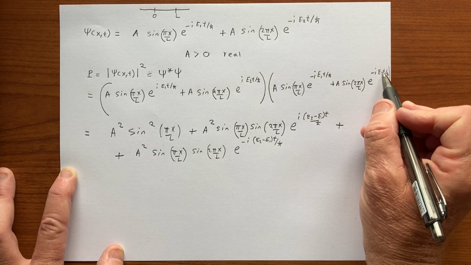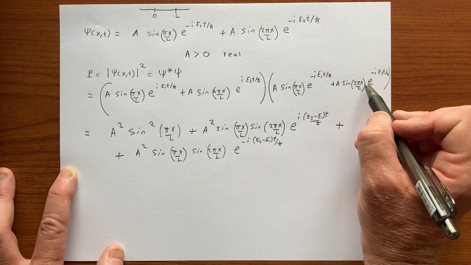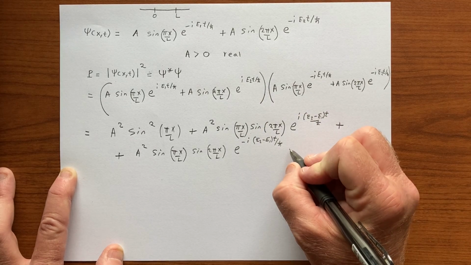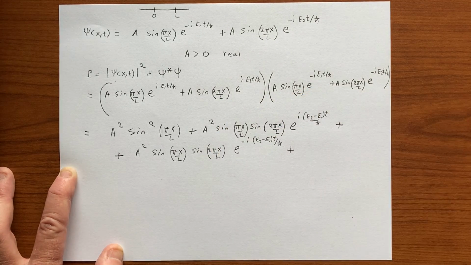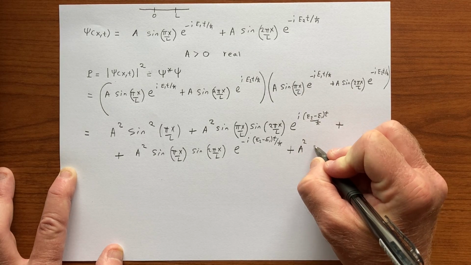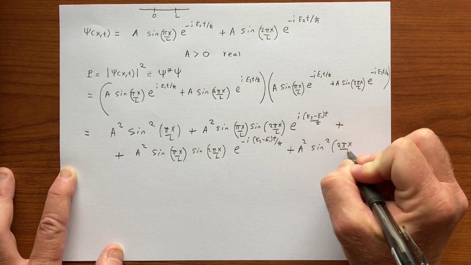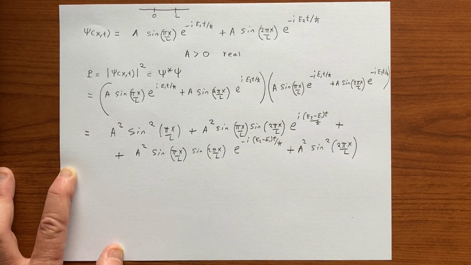It's e to the minus i E2 and e to the i E1, so it's this times that, plus this times that, which gives us A squared sine squared of 2 pi x over L.